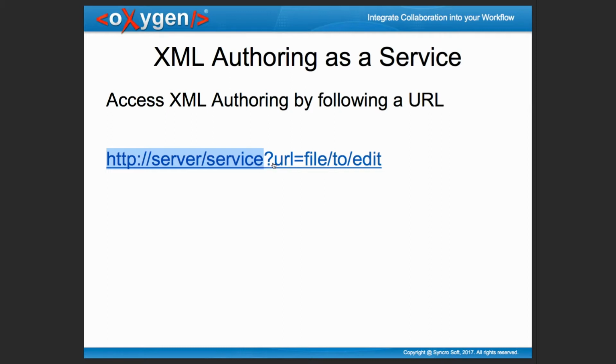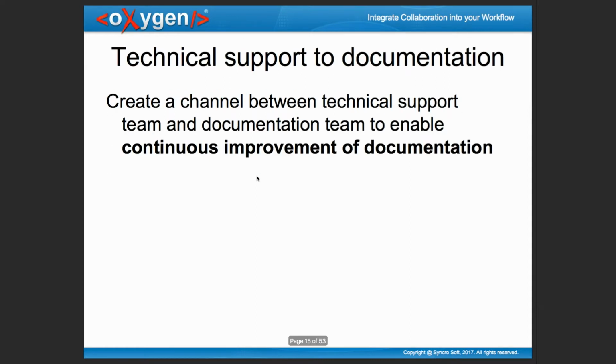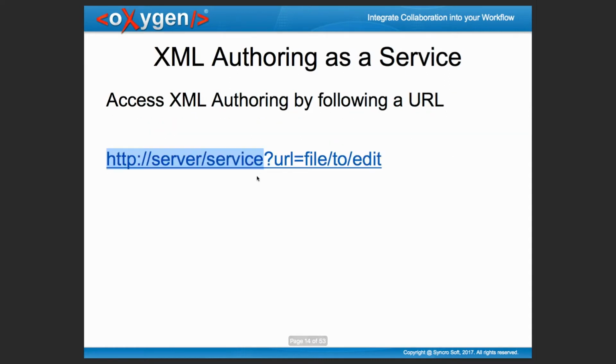And I want the tags to be visible to the user, to see the full tags, and not only the text, the rendered document. So this is how the web author works. And that means that you can use a URL to access the authoring service. You can open the web editor to edit any file just by a URL.